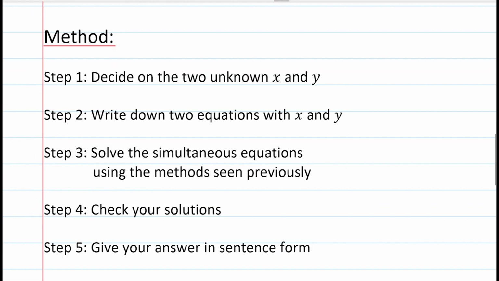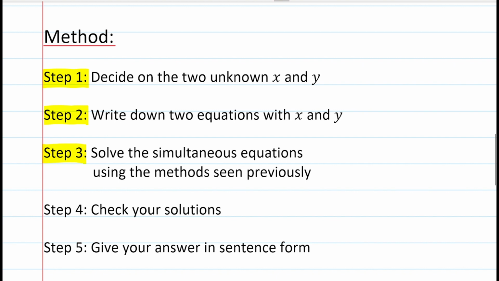The method to solve a word problem has 5 steps. The first step is to decide what you call x and what you call y. This depends on the question of your word problem. The second step is simply to write down two equations with x and y by translating your problem from English to mathematics.